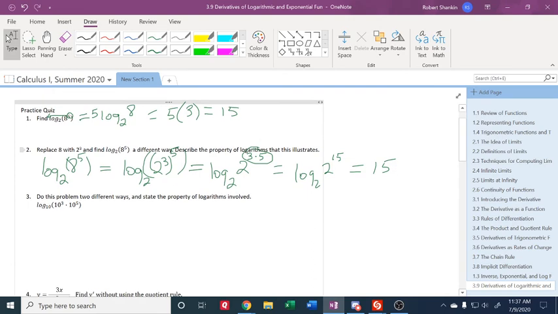Let's go to number 3. Do this one 2 different ways and state the property of logarithms involved, just like this one added insight into property 3 of logarithms. This will add insight into a different property if you can do it 2 different ways.